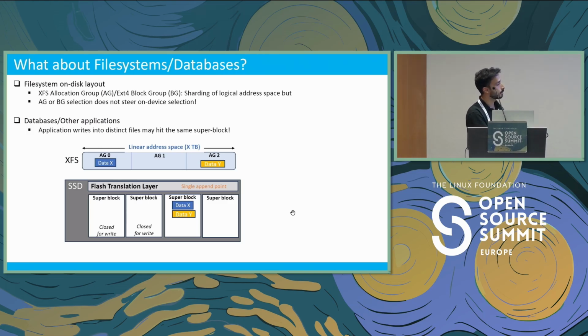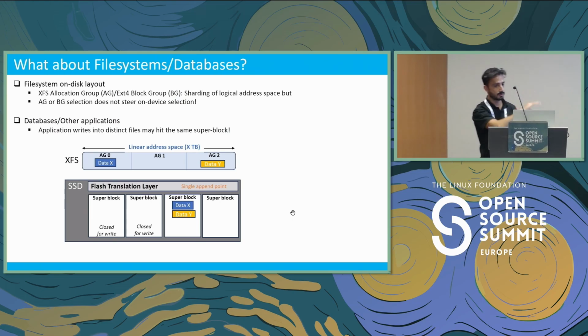Because you have been using XFS, you would probably create, let's say, 2 directories, because you know that those 2 directories would be placed into 2 different AGs. So imagine you wrote data X into AG0, and you wrote data Y into a different directory, and that would be placed by XFS into a different AG. So you get this impression that logically things are placed into two different AGs.